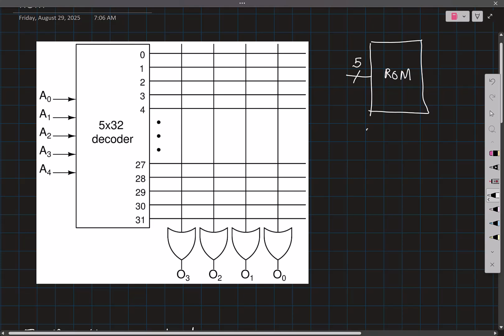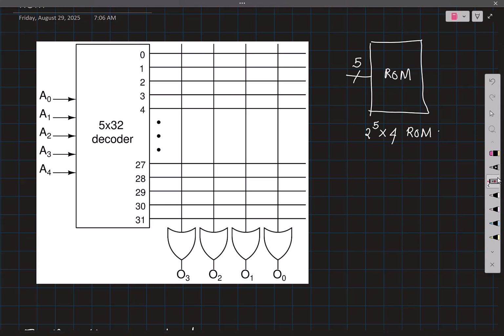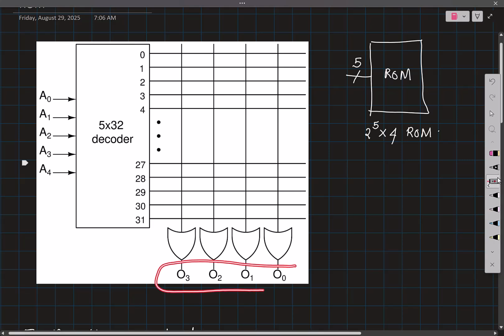Right? Which means you can store 2 power 5 words, 32 words in the system. And what is the length of each word? 4. Right? So this is a 2 power 5 cross 4 ROM, because you have 4 bits at the output; you can see that O3 to O0 are coming out.